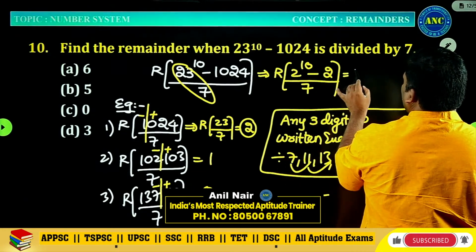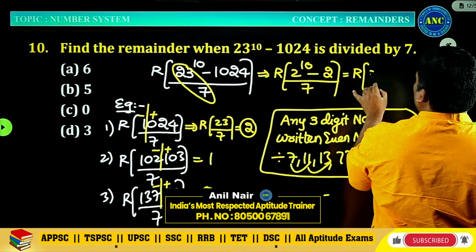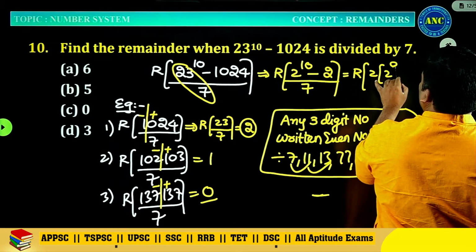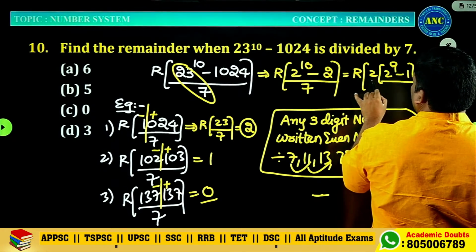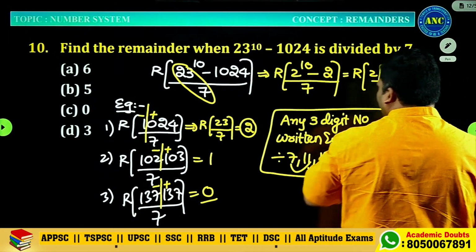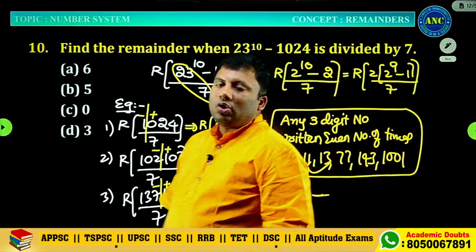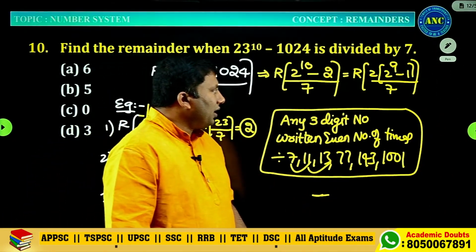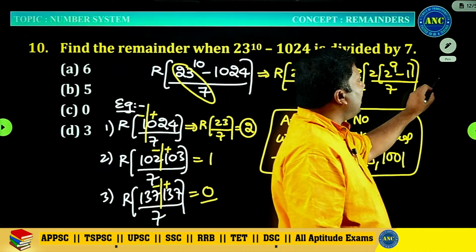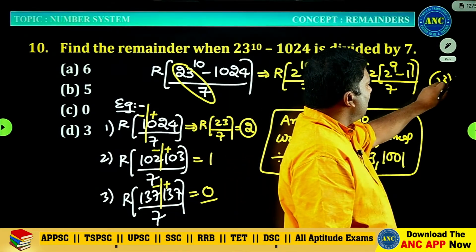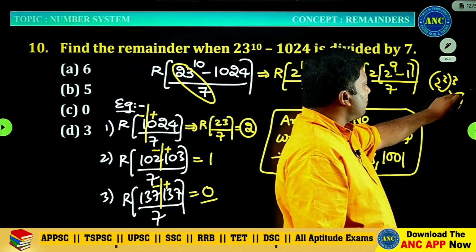Now this can be written as 2 common, 2 power 9 minus 1, divided by 7. Don't calculate. 2 power 9 minus 1 can be written as 2 cube whole cube minus 1 cube.